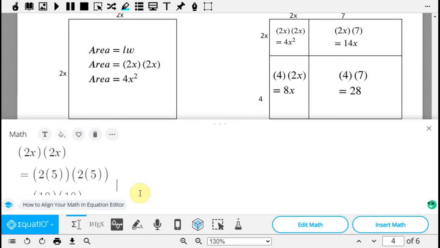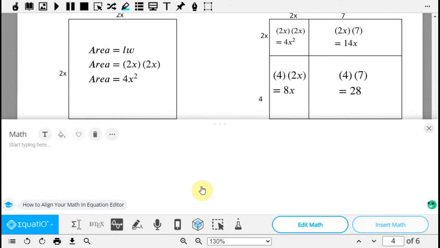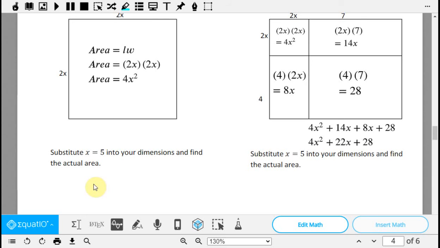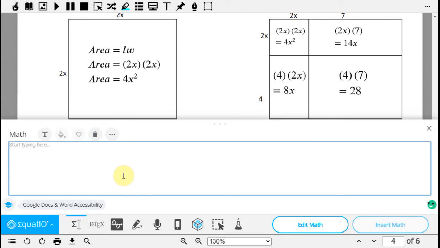So we'll substitute 5 in the dimensions and use the area formula to calculate the area of the square. 2x times 2x, which looks familiar to our expression that we came up with, except that we're going to substitute right away.